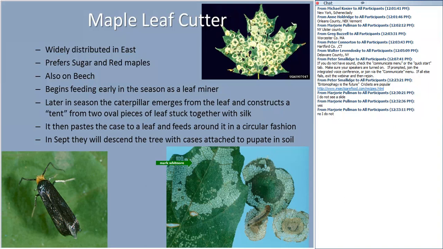And one thought just came to mind. I think it's really important if you're a maple producer and you get defoliation in your stand to give that stand a rest. Don't tap the trees, or don't take as much from the trees the following season, because basically that works like a defoliator.